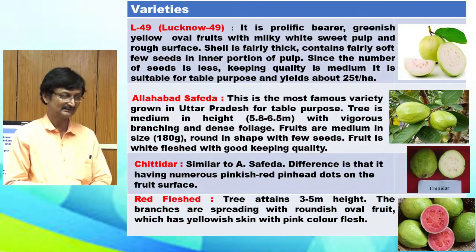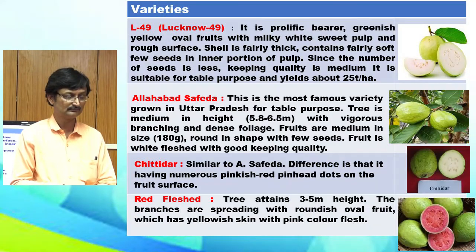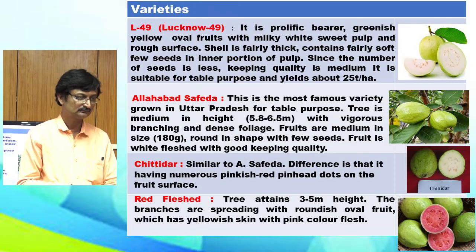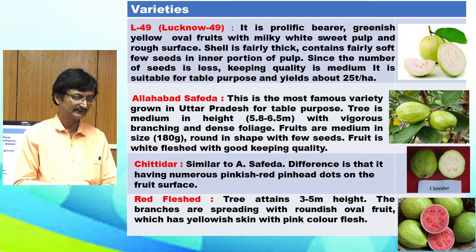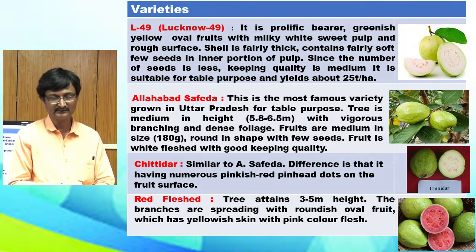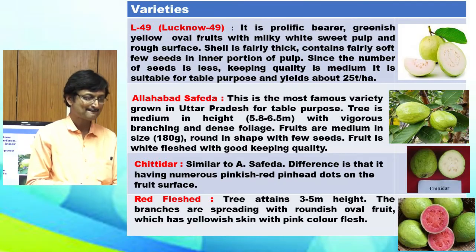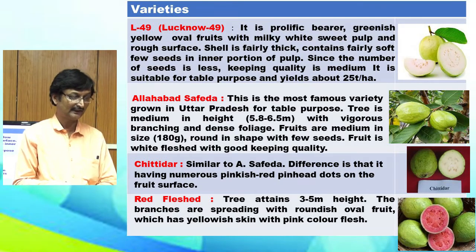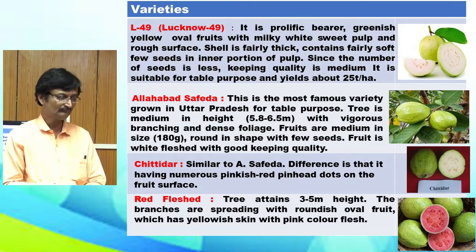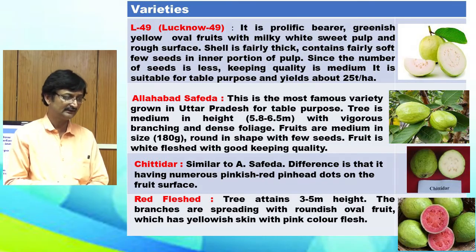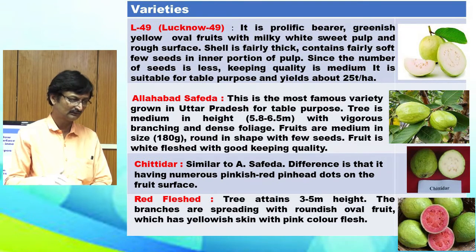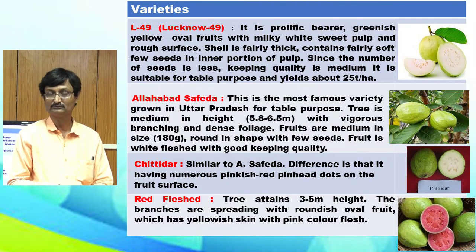About the varieties. Variety is the main feature of any crop, affecting the yield and quality of the produce. So, Allahabad Safeda is the most famous variety grown in UP for table purpose, and widely grown throughout the nation.